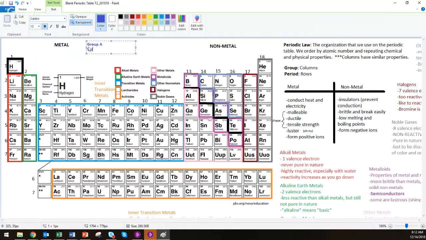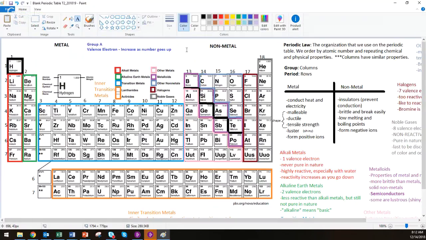And one thing is there's a valence electron pattern. Increase, number goes up. And then there's also going to be an ion pattern that we'll add to this in a moment.